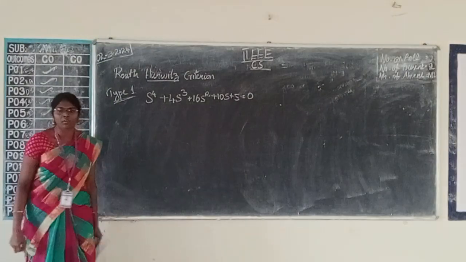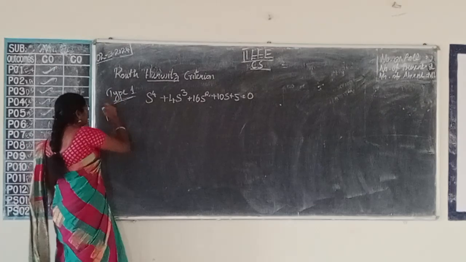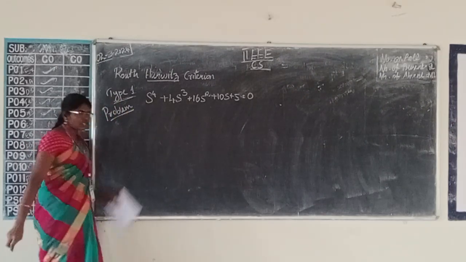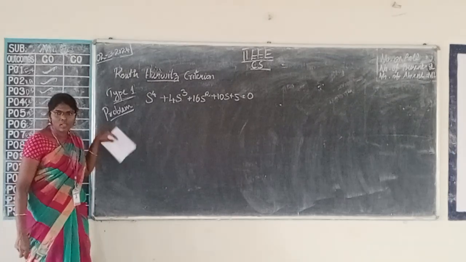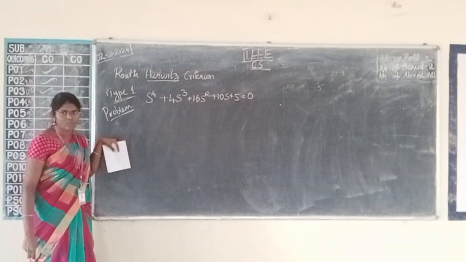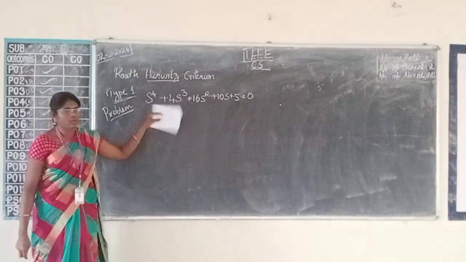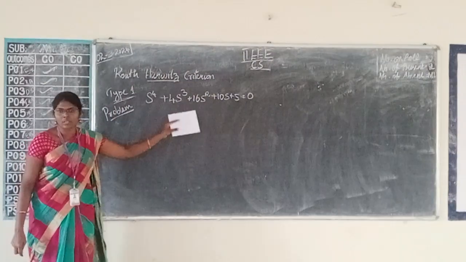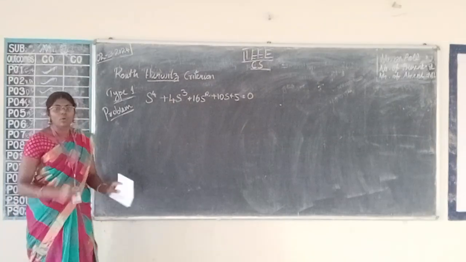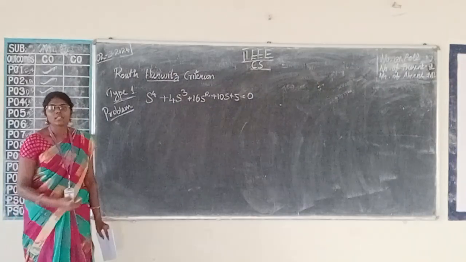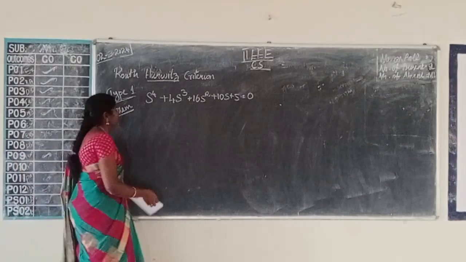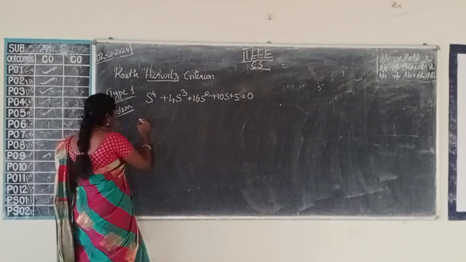This is the equation which will be given. This is a problem based on the concept of stability analysis. Okay, the question will be like this. The characteristic equation of the system is given below. This is your system's characteristic equation. So determine what? The stability of the system. Determine the stability of the system.